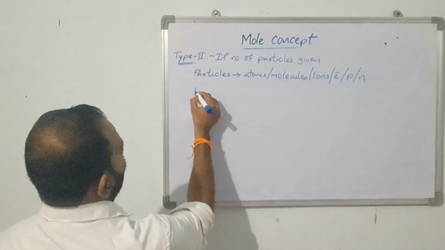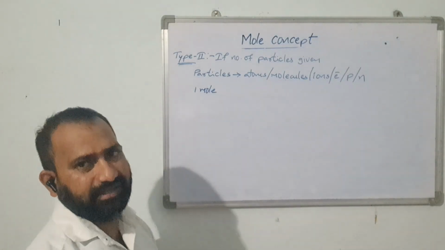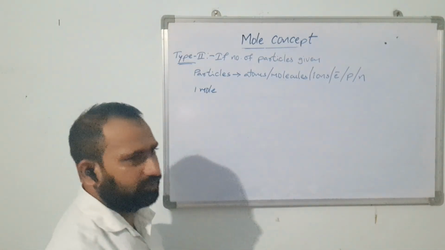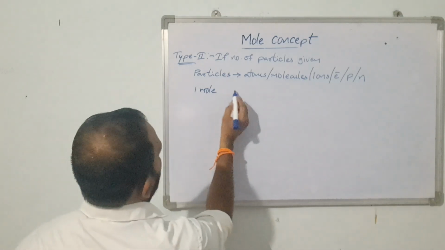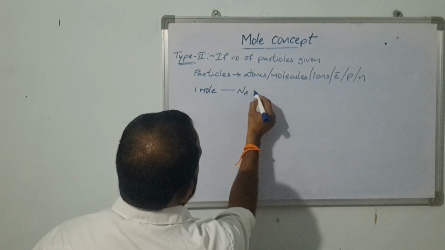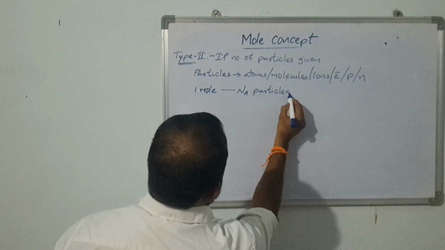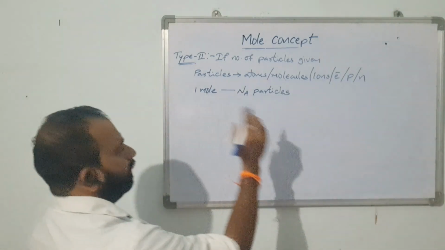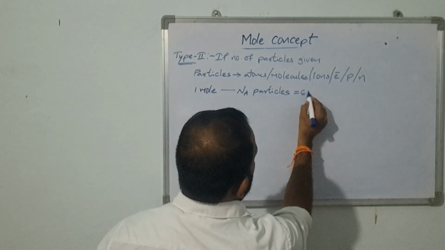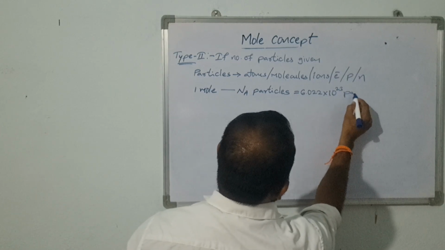That means 1 mole of any substance, either solid or liquid or gas, contains Na number of particles. What is Na? Na is the Avogadro number, which equals 6.022 into 10 to the power of 23 particles.